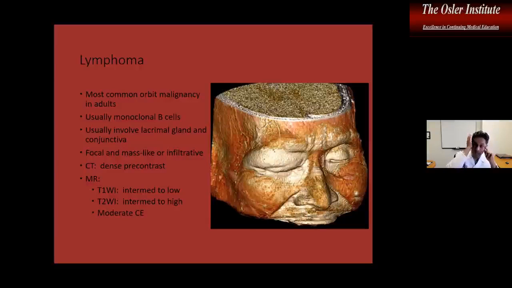It can involve the lacrimal gland and conjunctiva. That's very common. It can be focal or mass-like or infiltrative. So it can be anything. And it's already dense even pre-contrast, but is intermediate to low on T1, intermediate to high on T2.